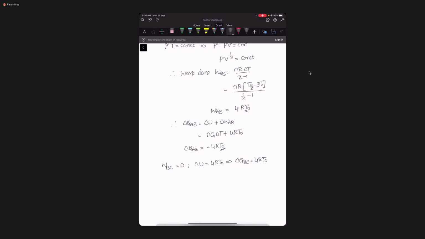Now go for your CA. It's an isothermal process, right? So it is nRT log P1 divided by P2.